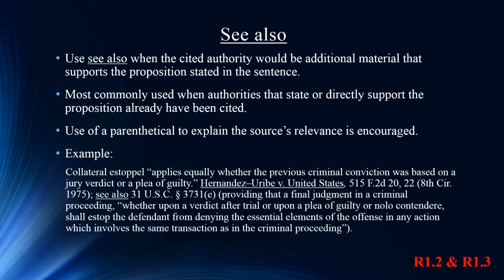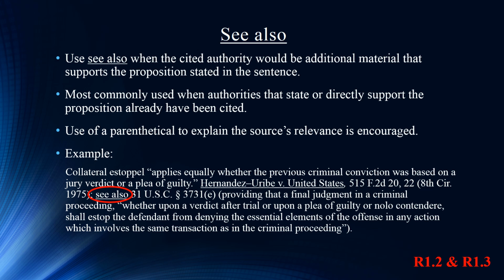Here, the writer first quotes an Eighth Circuit case about when collateral estoppel applies. The writer then uses a See Also signal to cite to a federal statute that also addresses the same subject. Notice how the writer uses an explanatory parenthetical to make it clear how the statute supported the proposition in the sentence.